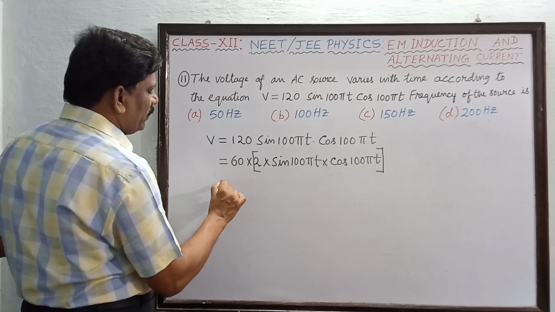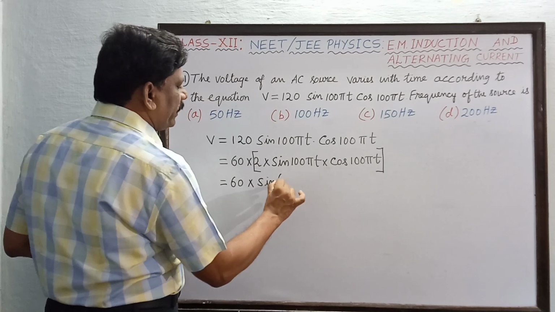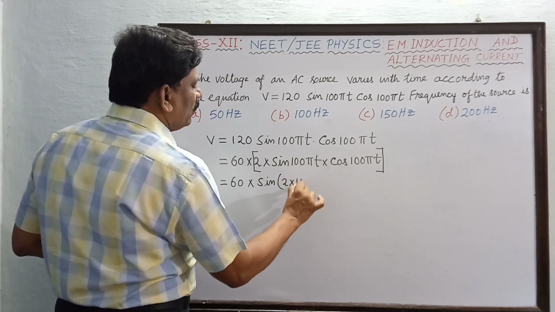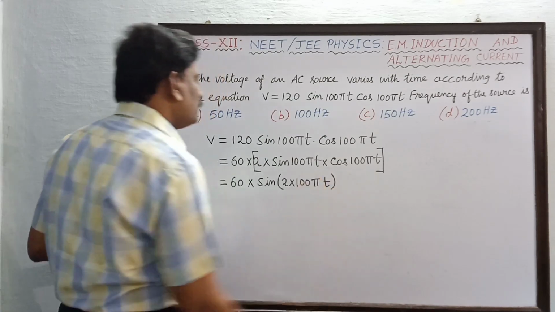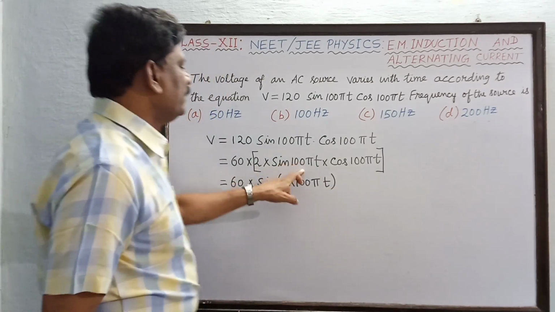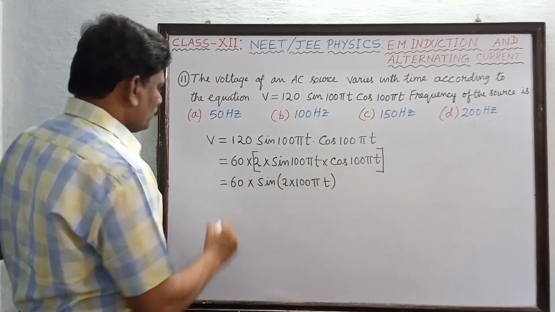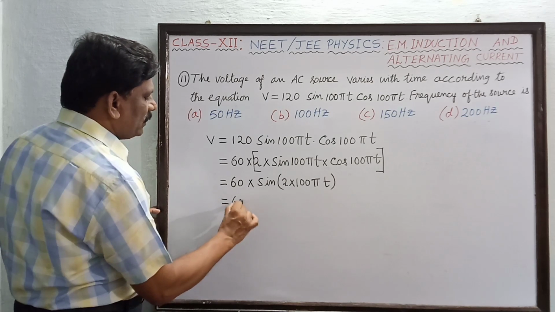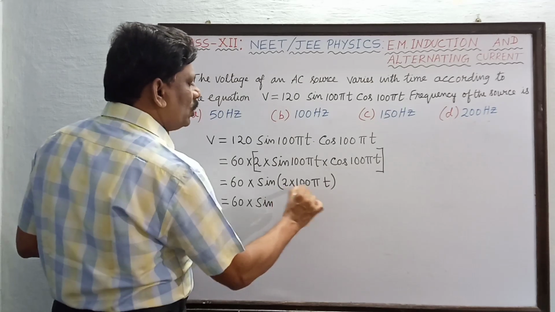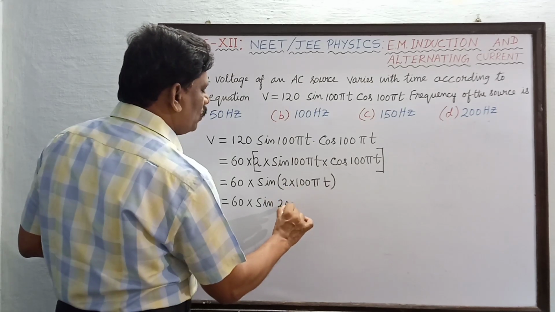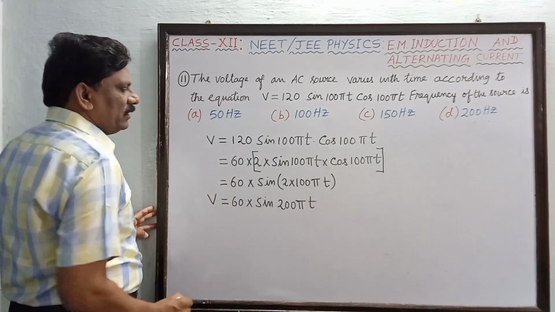So this is now equal to 60 into sin of 2 into 100πt, which is 60 sin(200πt). So this is equation 1.